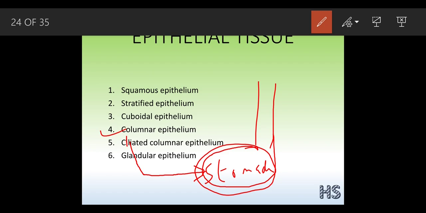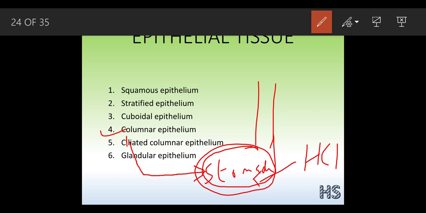Okay, why? Because inside the stomach there is a digestive juice which we call HCl. HCl is hydrochloric acid. It is very dangerous in nature. If suppose there is no protection of columnar epithelium, then what is going to happen?